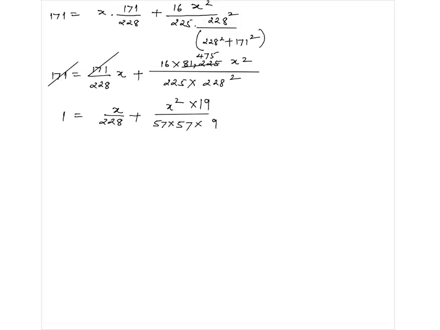Can we make it simpler further? 228, is it divisible by 19? Just a moment. 19 3s are 57.